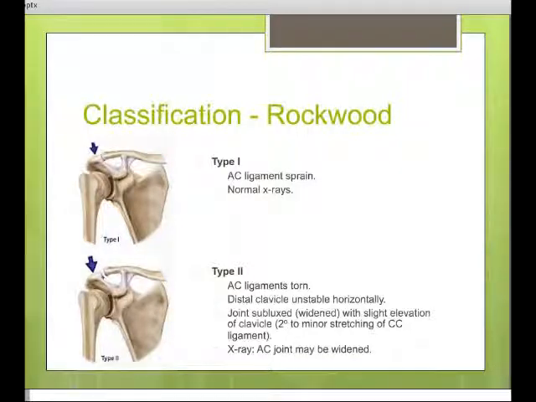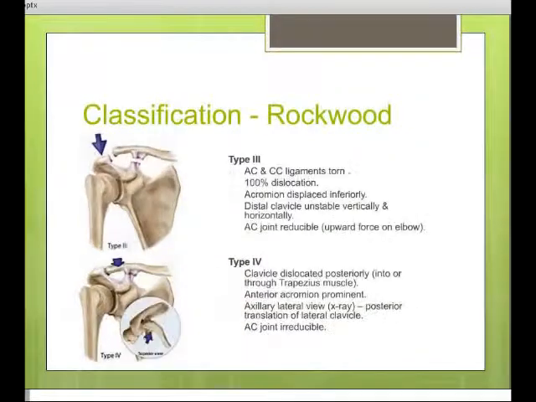In type 3 injuries, the AC and CC ligaments are torn, and there's 100% dislocation of the joint. The acromion is displaced inferiorly. The distal clavicle is unstable, both in the vertical and horizontal planes, so anterior, posterior, and upwards and downwards.